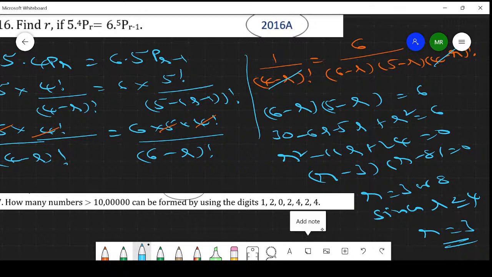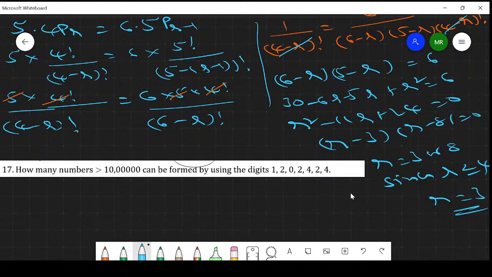See that now. How many numbers greater than 10 lakhs? You can see here, this is given here. Always you can see here how many numbers more than this one they are given.